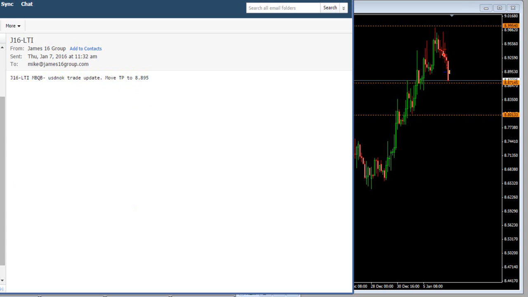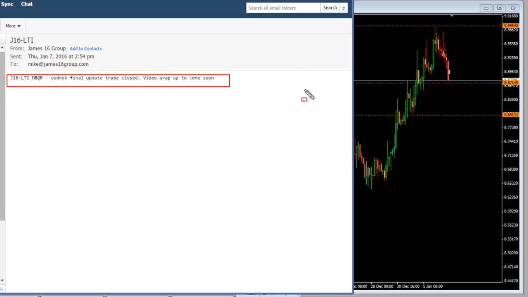Followed by another alert to move my take profit, which I shifted a little bit higher than I initially had it, and we'll go over that. Followed by another stop loss update, and then finally the trade being closed out right here when it hit my take profit. So again, those are the alerts just so you can see them here.